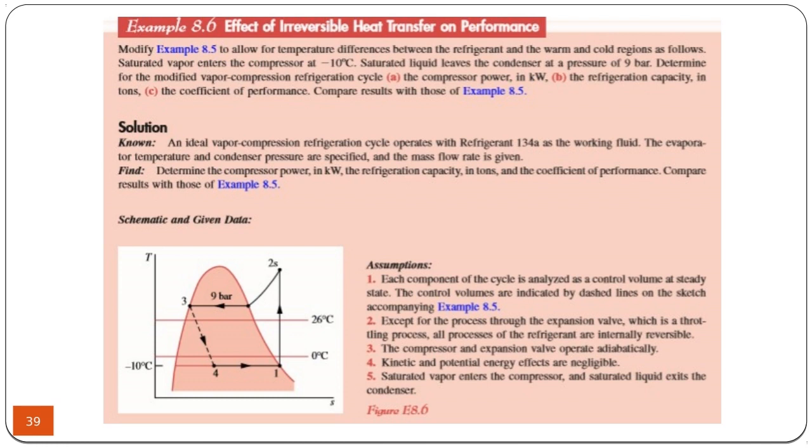Why are we working on this example? Because in this case, you see that the evaporator temperature is lower than the previous one, and the condenser pressure is higher than the previous one, because previously the condenser pressure was like this.